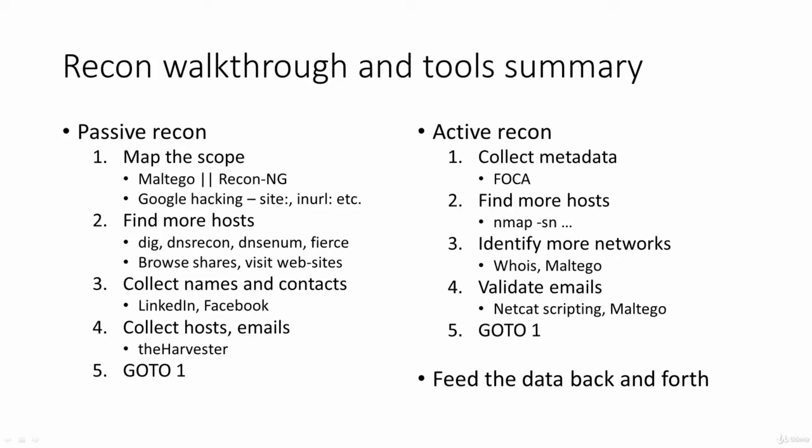On the passive reconnaissance side, we have some steps, and on the active reconnaissance side, we also have some steps, and we see this mention of feeding the data back and forth. This means that this is a circle. These are two circles, and they repeat themselves many times before we are satisfied with the results.